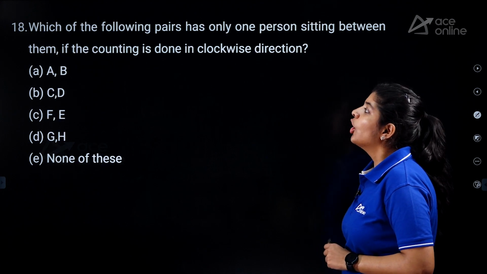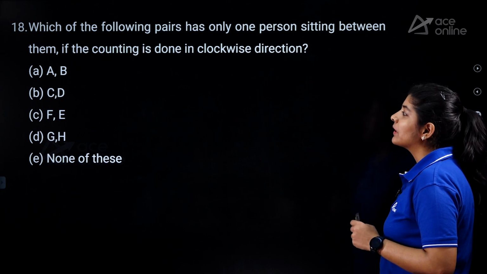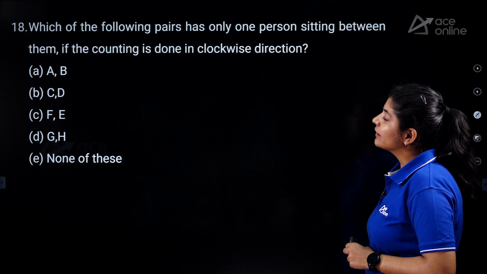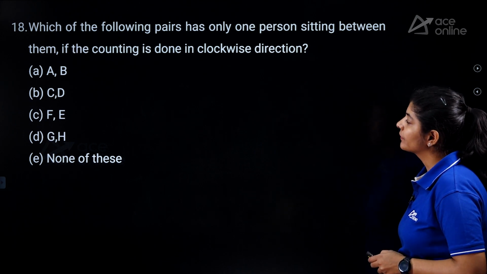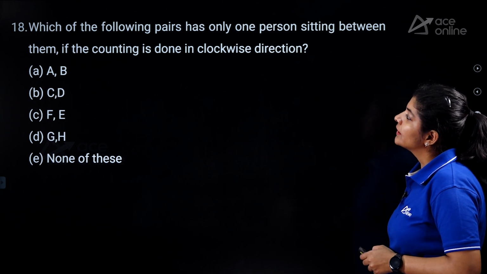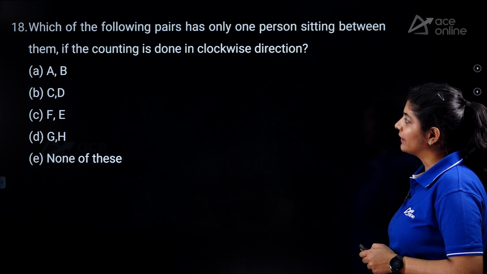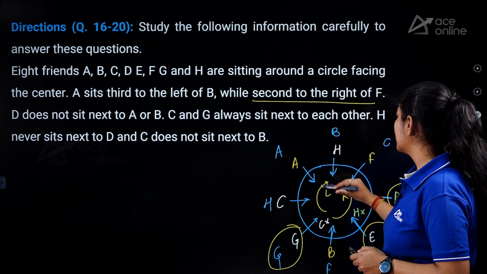Next. Which of the following pair has only one person sitting between them if counting is done in clockwise direction? Okay, A, B. Wait, where's our A, B?